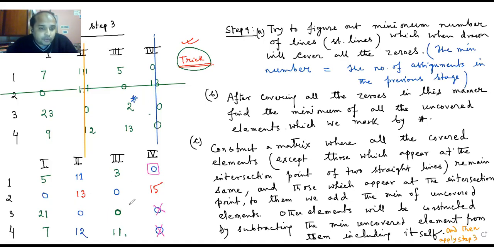Okay, no assignment. Second, come to this. No assignment. One assignment is possible, and I'm going to strike it. And now in the second row, second column, I'm getting this particular assignment, and this will be struck out.